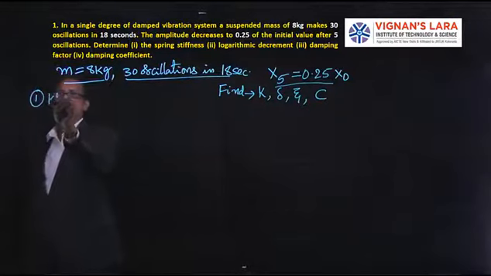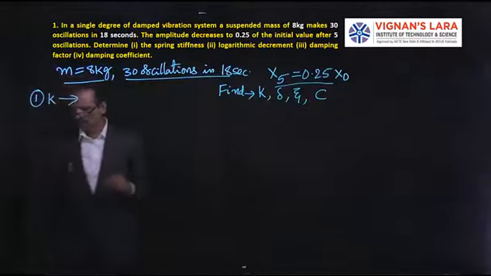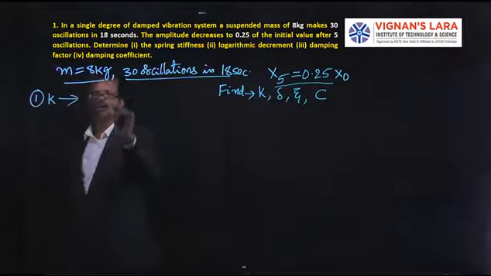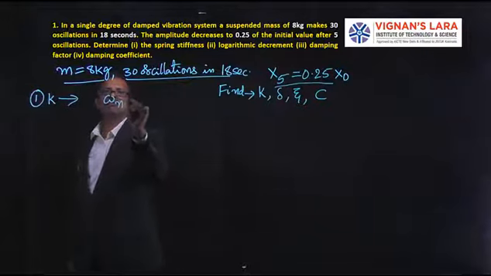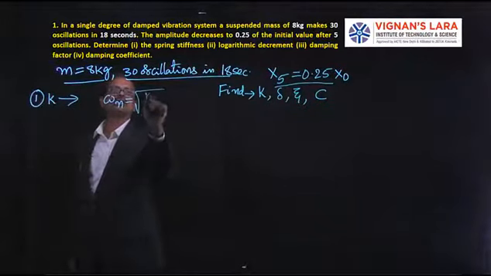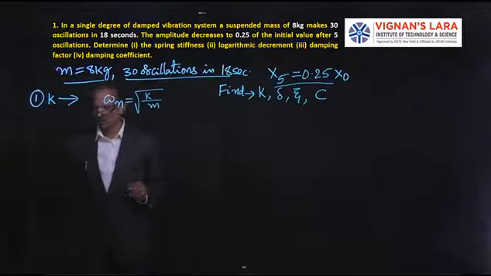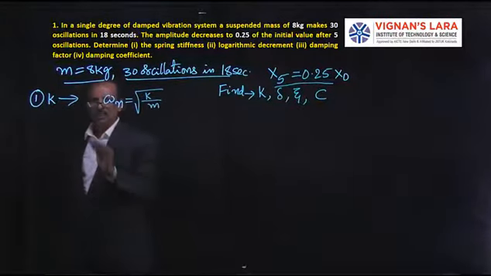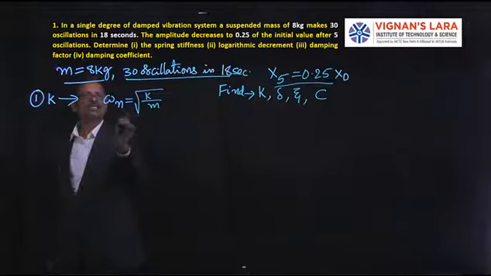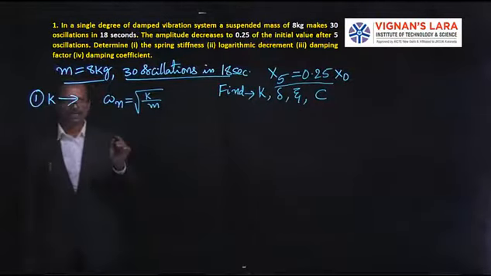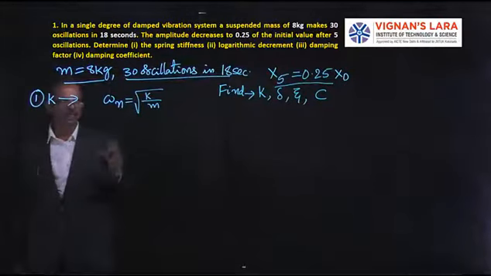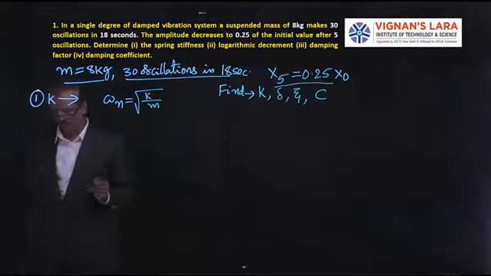K is needed. So how to get K? We know the natural frequency omega n is equal to root K by m. Here my requirement is K. m is known, and omega n can be evaluated. How to get omega n?